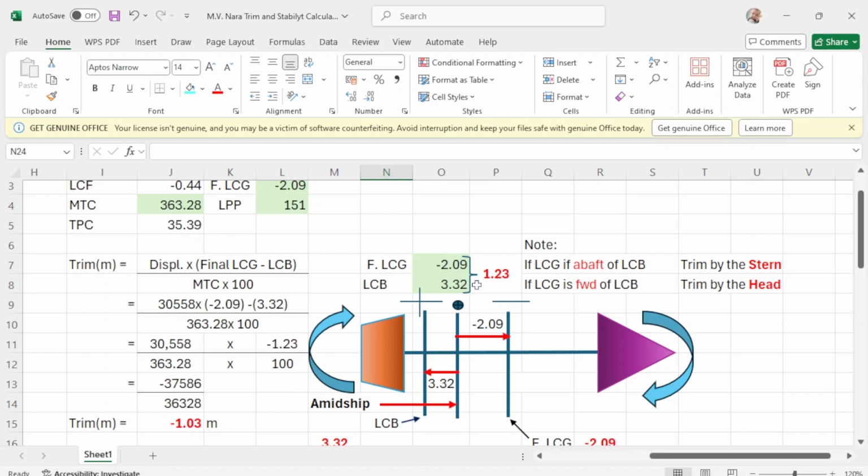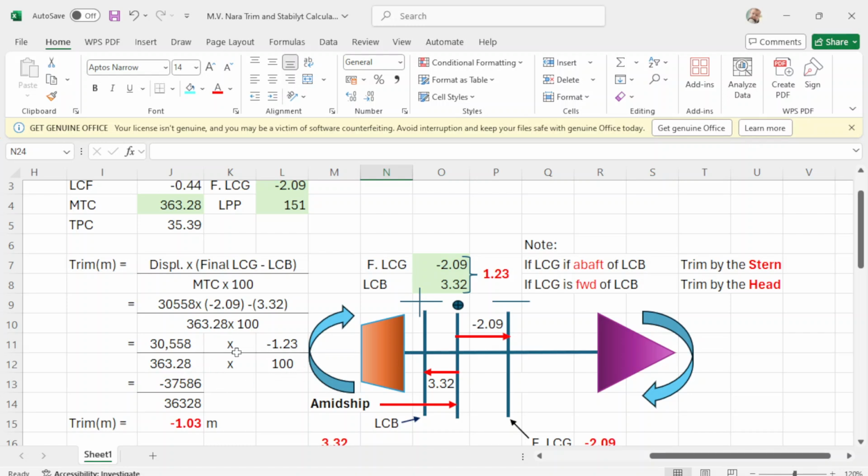Negative because LCG is the negative value. So you have negative 1.23, and the displacement of 30,558 over your MTC, which is 363.28 times 100.